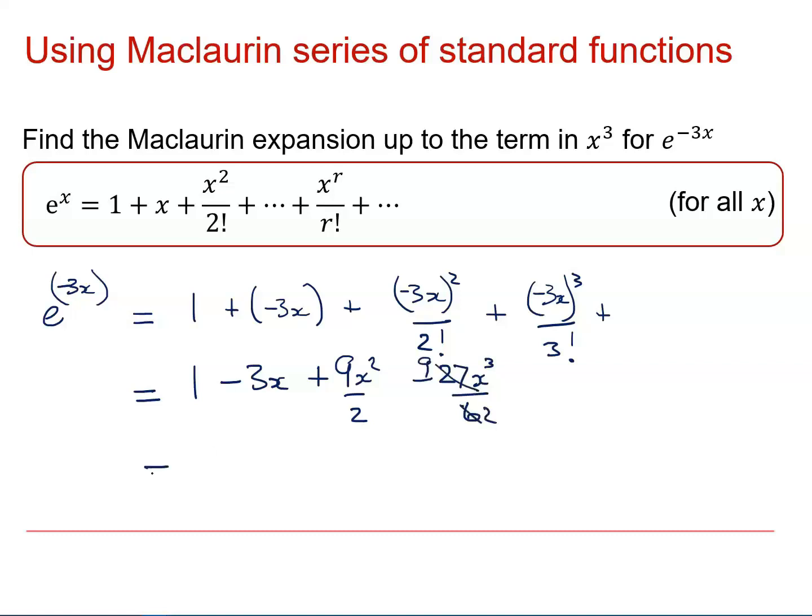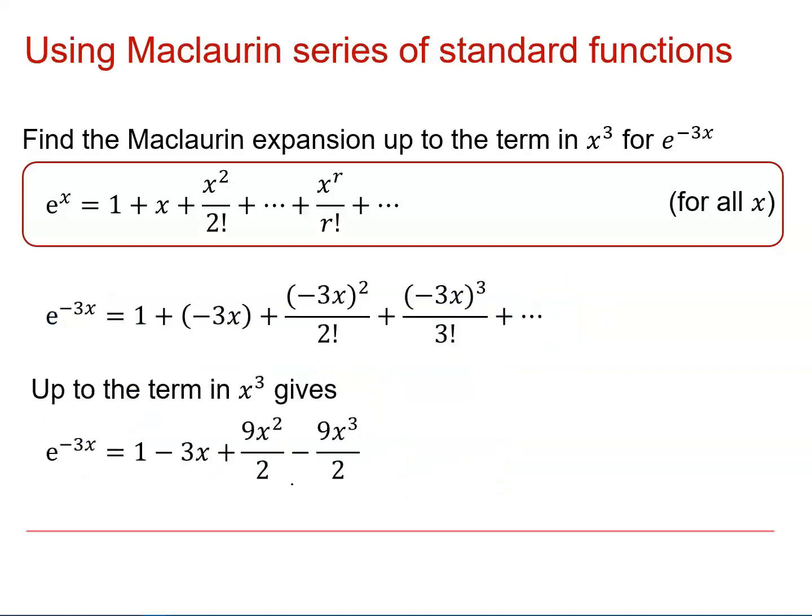So I'm actually going to get e to the minus 3x is equal to 1 minus 3x plus 9x squared over 2 minus 9x cubed over 2. And that's just up to x cubed. There's a tidier write-up of that. You can see we've plugged the minus 3x into this formula up here, and then worked it through and tidied it up, and that is just for terms up to x cubed.